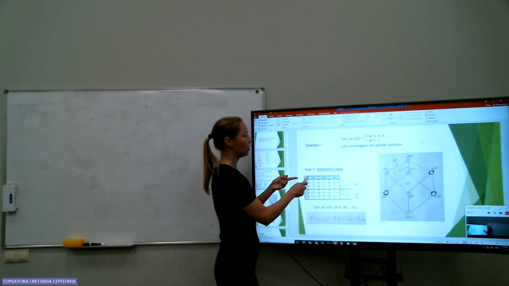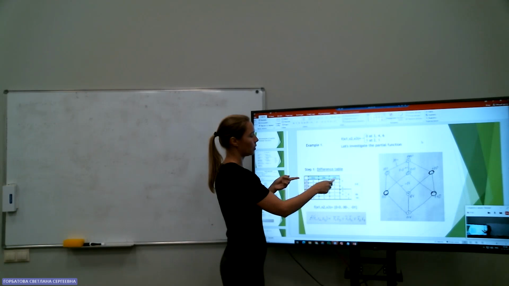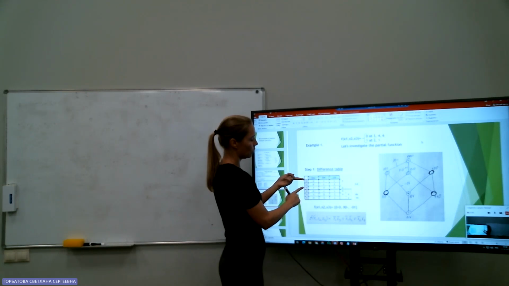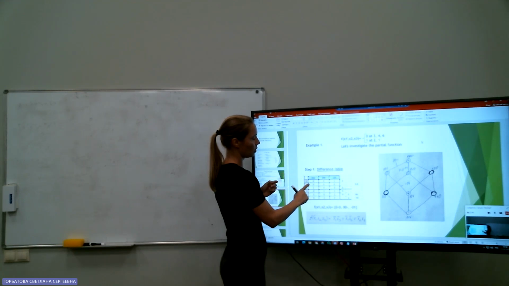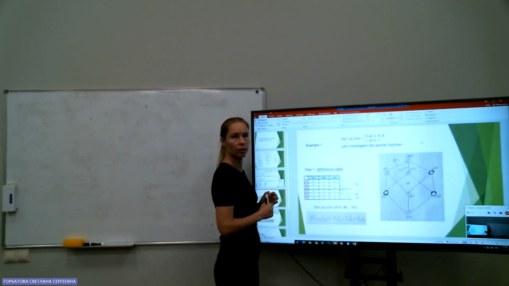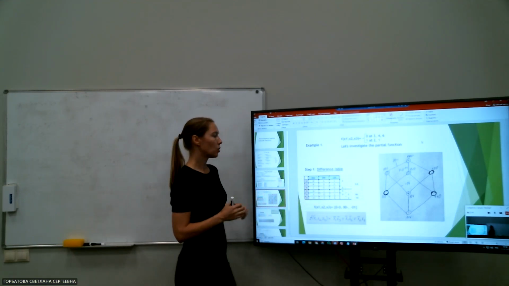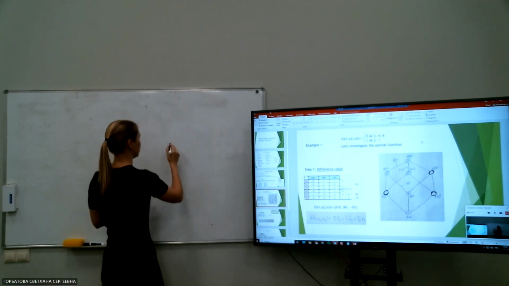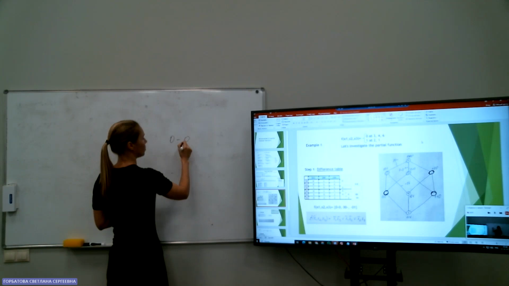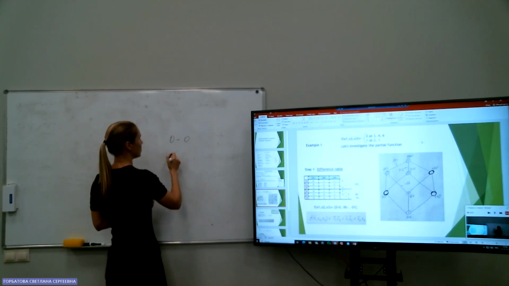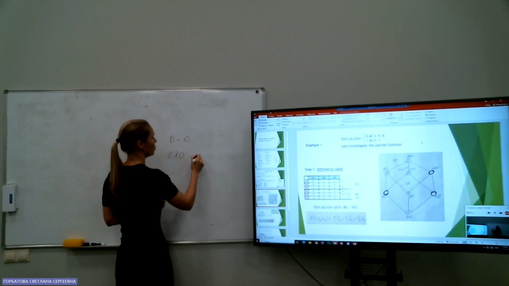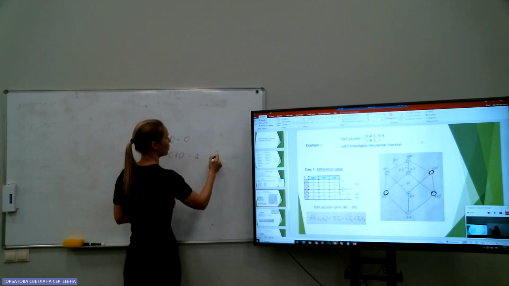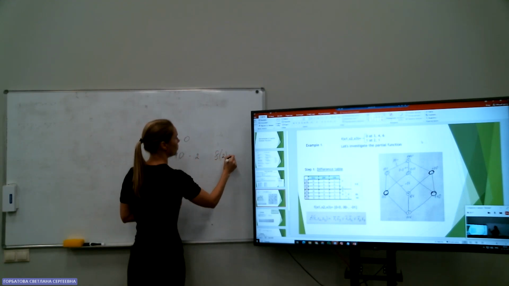So for all points where function equals to 0, I use 0, 0, and it doesn't matter what is here. So this interval 0 dash 0 consists of points 0, 1, 0, it is 2, point where function equals to 1.